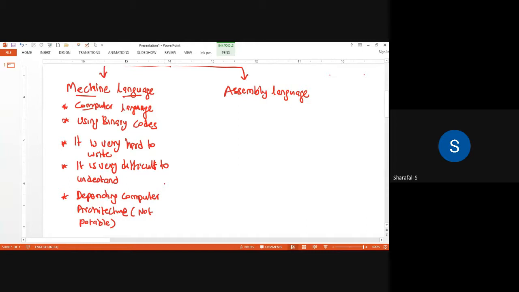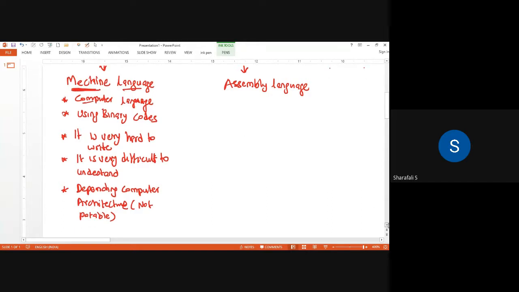So if you want to make any program on the basis of machine language, first you need to understand the system architecture. The system architecture has to be understood clearly. Then only you can make the program using machine language. If you are using a 32-bit system, which means that you will have 32 channels, then you have to make that program accordingly.